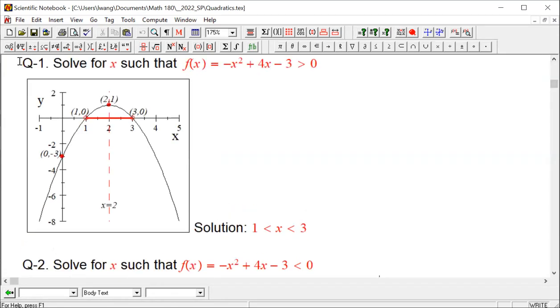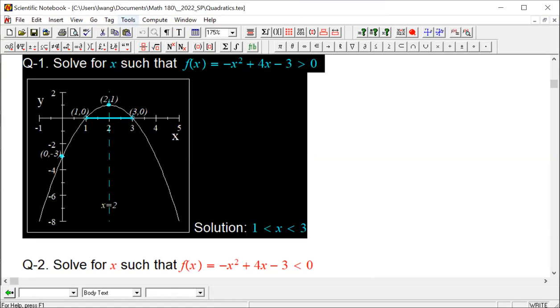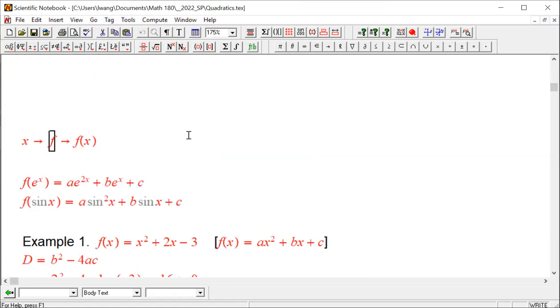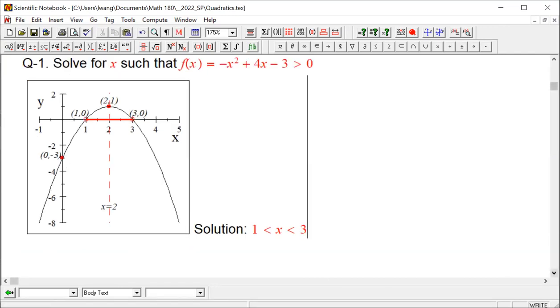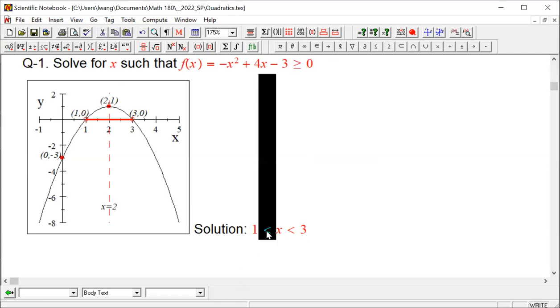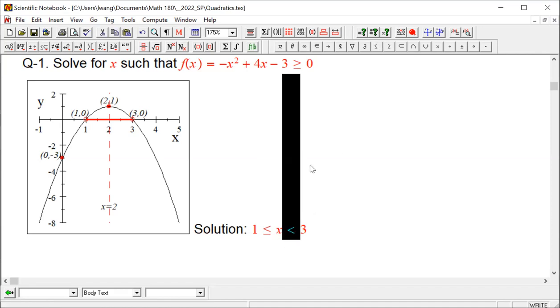So for example, from question 1, I can create another question which is greater than or equal to, right? We know what happened to equal. So greater than or equal to in that case, and these will be less than or equal to 3, right?